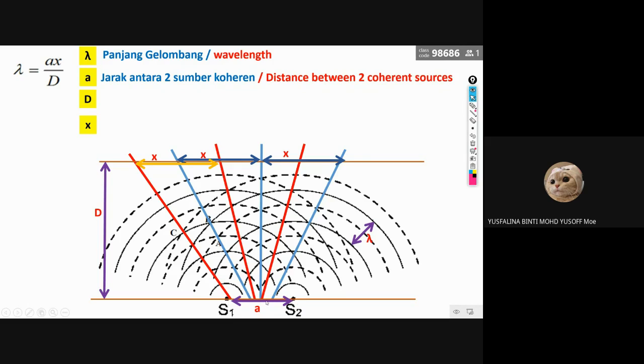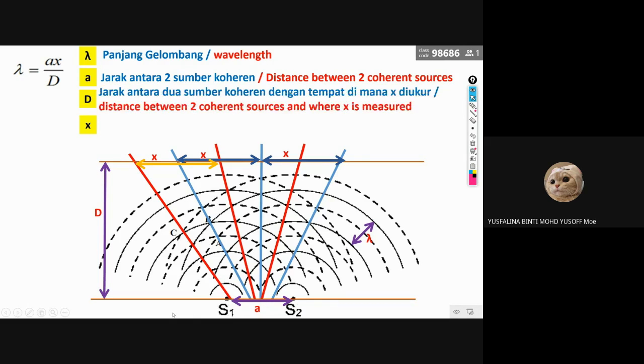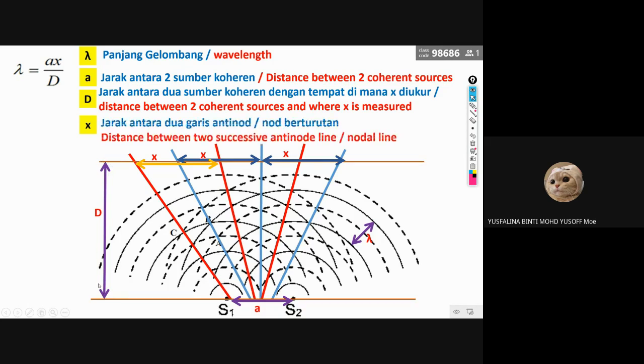And D is the distance between the source and the x, where you measure the x. So this is D. And x is the distance between two successive antinodal lines or nodal lines. Two successive antinodal lines mean two successive constructive interferences.